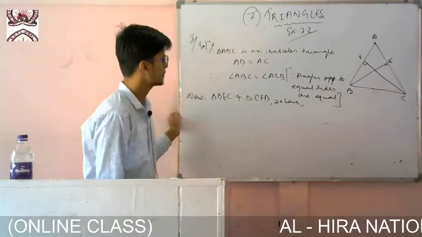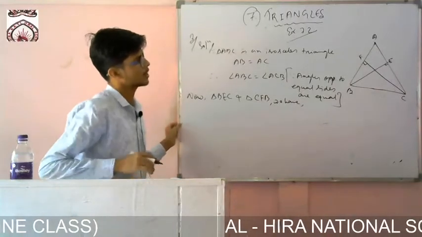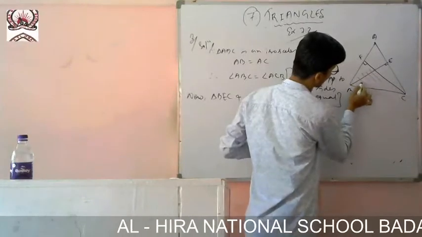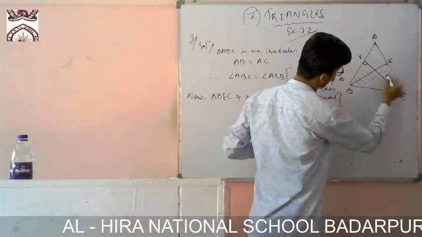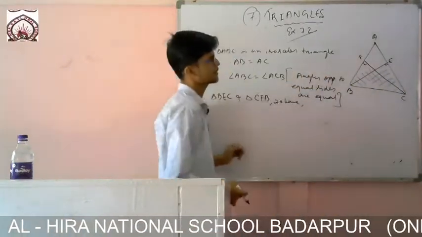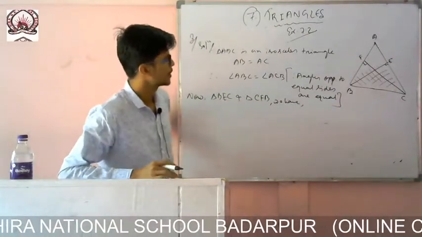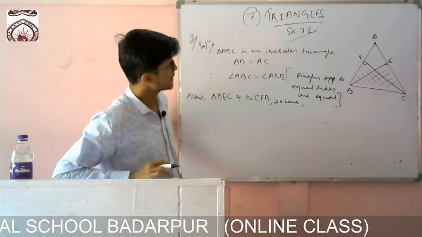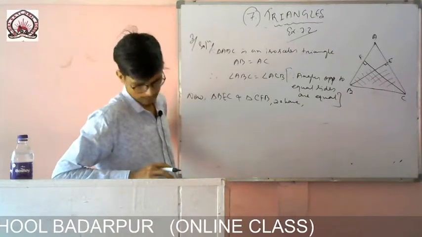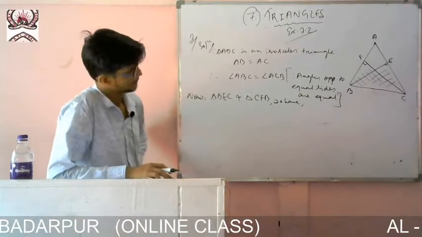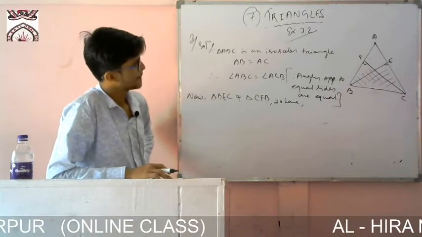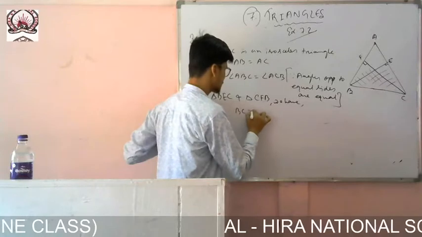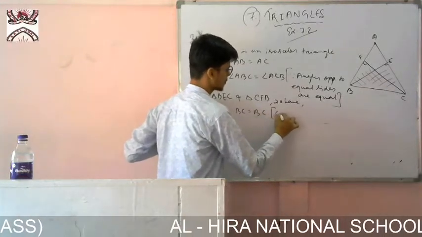Okay, so one by one I will go on writing. In these two triangles, this whole one and that whole one, you see carefully what I can write. AB is equal to AC, so that one I cannot write. BC is the common side, so I have one common side: BC is equal to BC.